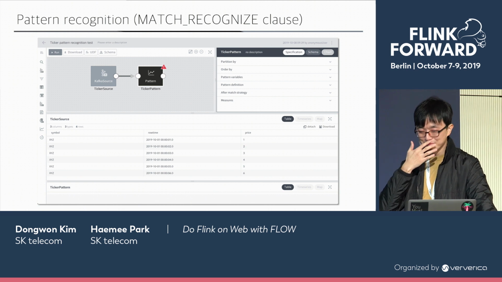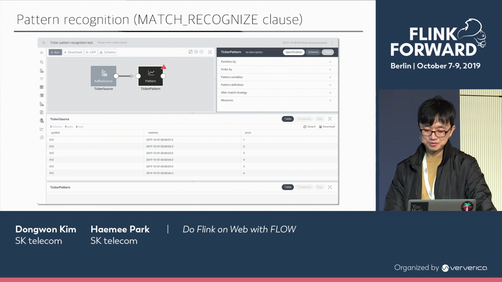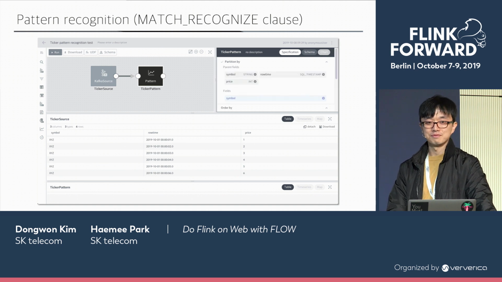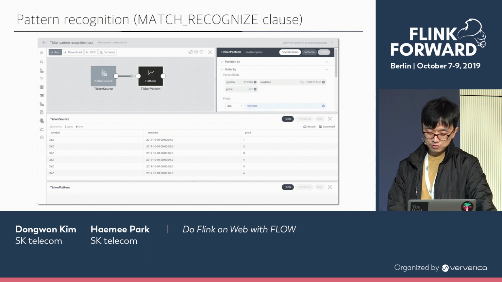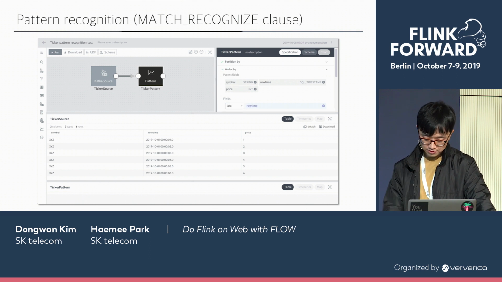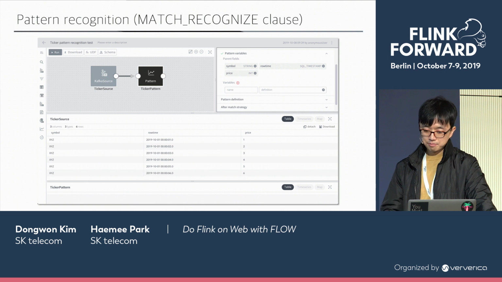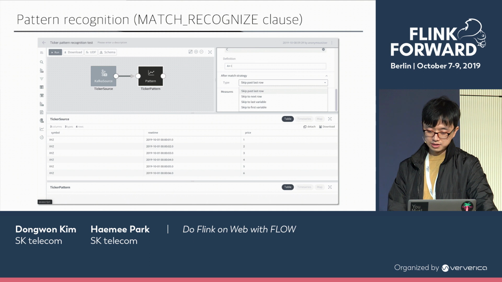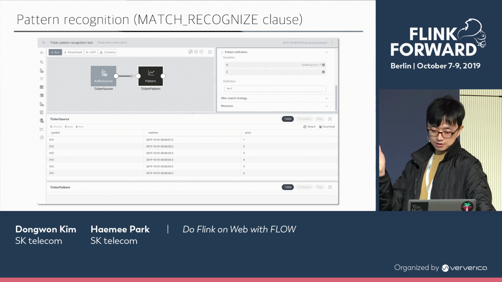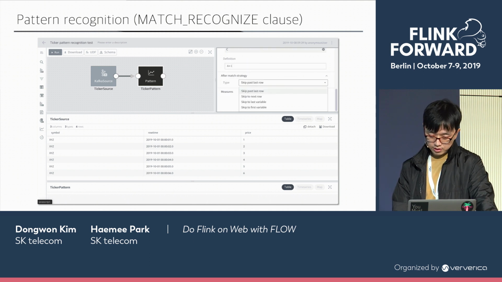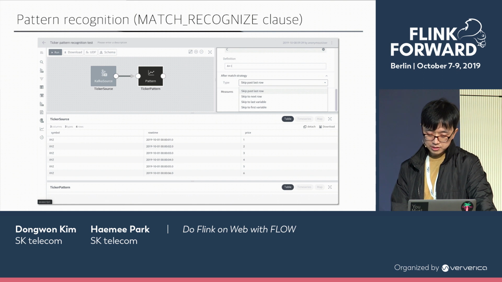but you guys can do that easily on Flow. You can specify partition by field from the parent field, and you can do order by here, and you can define pattern variables in this way, and you can define pattern here, and you can choose after match strategy.